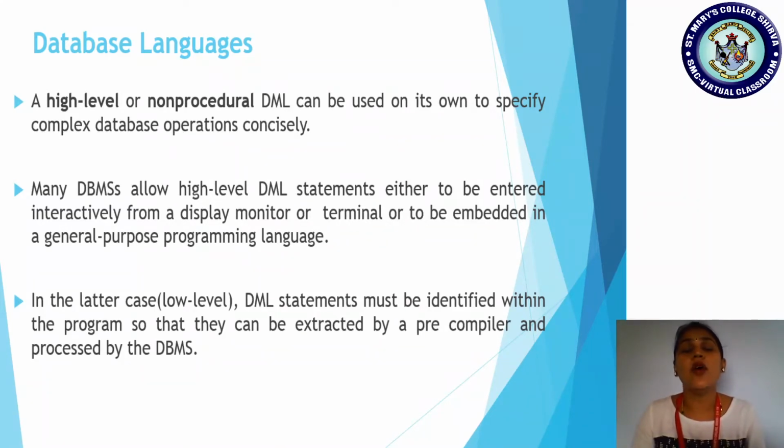So the high level or non-procedural DML category is used to define certain complex databases, where the database files or the schema that is defined is large. To define that complex database in a simpler way, we make use of the high level or non-procedural data manipulation language.